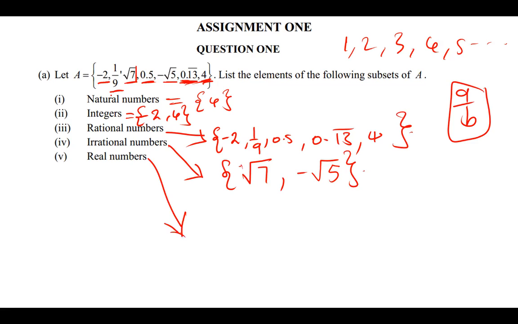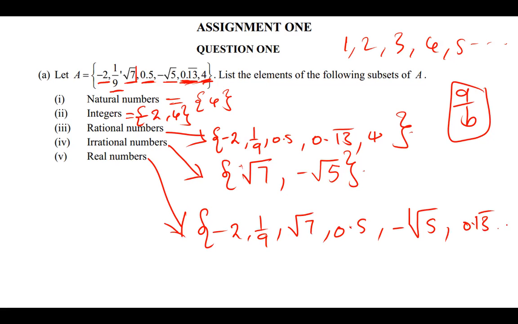Real numbers are just the addition: when you combine rational numbers and irrational numbers, you get the set of real numbers. So you just write all the numbers there. So these are real numbers.